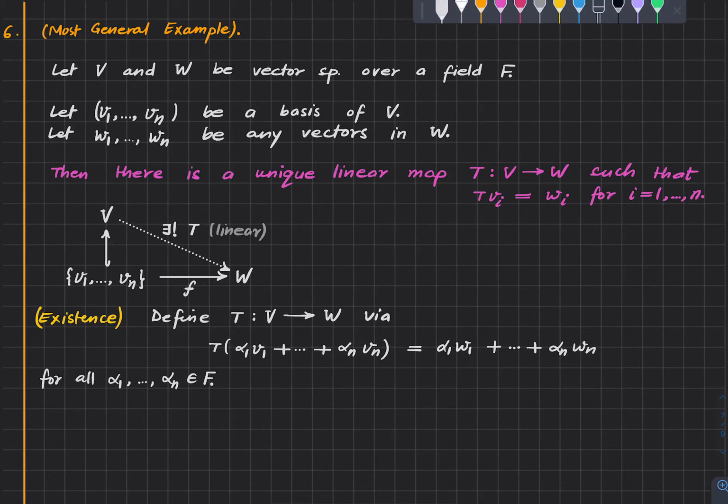Okay, so this is our recipe. This is how we define the map, but there is a problem. I mean, there is no problem, but one should note that we need to show the well-definedness of this map.